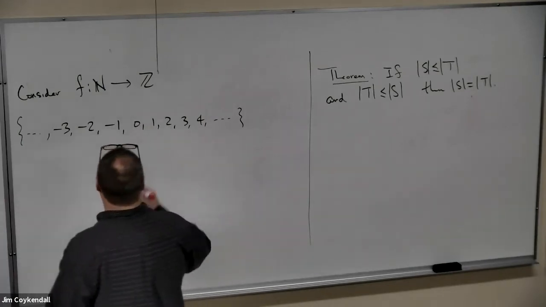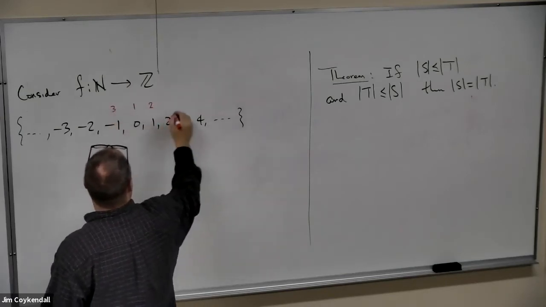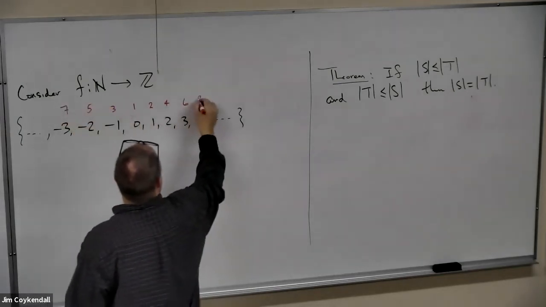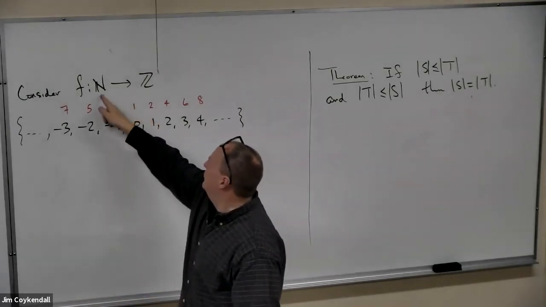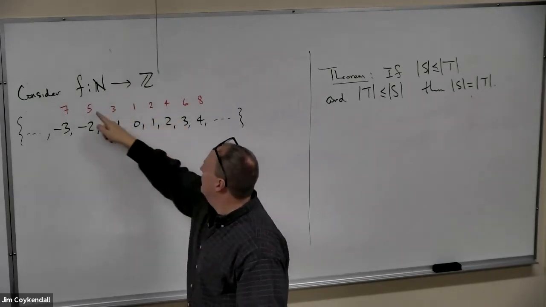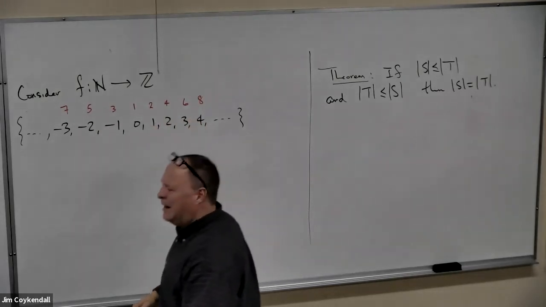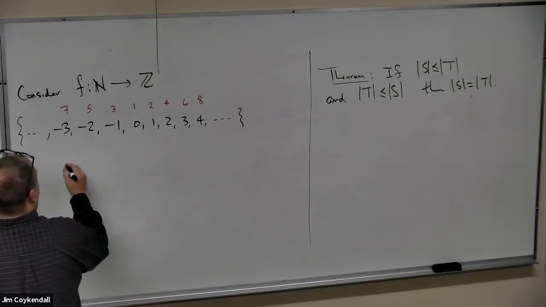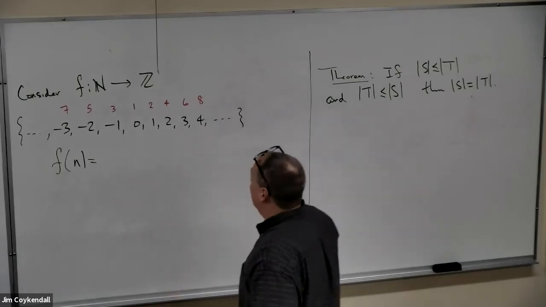I bet I can probably get a rule from this when I'm all done. Let's go 1, 2, 3, 4, 5, 6, 7, 8. You'll see what I'm doing here. This function is going to assign 1 to 0, 2 to 1, 3 to -1, 4 to 2, 5 to -2, 6 to 3, 7, and so forth, sort of wrapping its way out. I bet I can find a rule for this.